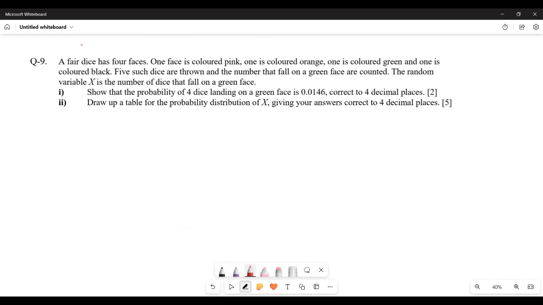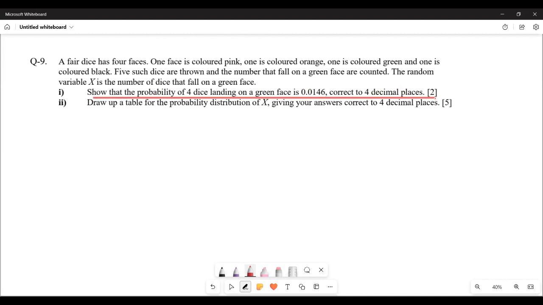The random variable x probability distribution है. ये मेरा नहीं ख्याल, अभी मैं नहीं करा सकती. प्रोबेबिलिटी डिस्ट्रीब्यूशन पढ़ाया नहीं है. ड्रॉ द टेबल फॉर प्रोबेबिलिटी डिस्ट्रीब्यूशन. पार्ट 2 तो बिल्कुल नहीं हो सकता, पार्ट 1 कर लेते हैं. चलो. शो दैट द प्रोबेबिलिटी ऑफ 4 डाइस लैंडिंग ऑन अ ग्रीन फेस इज दिस. ओके, ये हम पार्ट 1 कर सकते हैं.